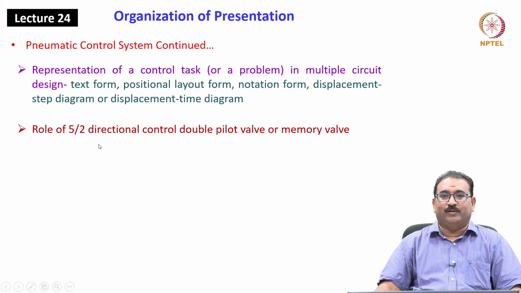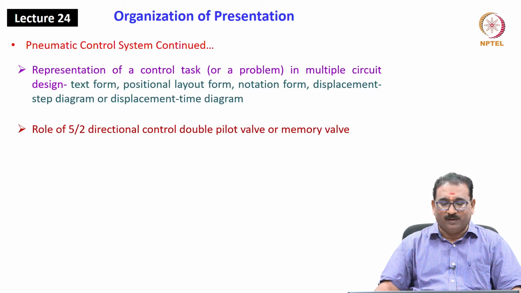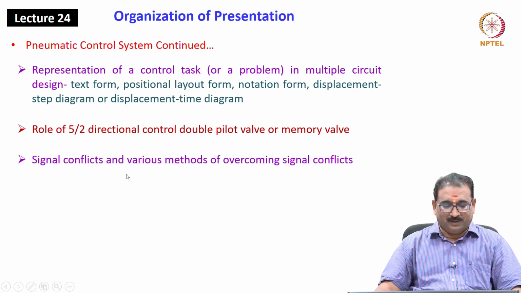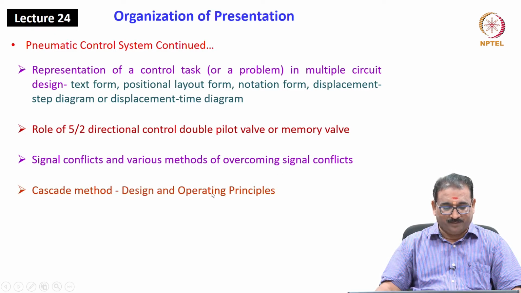Last class we discussed the 5/2 way valve. Today also I will give one slide on the role of the 5/2 directional control, double pilot valve. It is also known as a memory valve. Then signal conflicts and various methods of overcoming them.